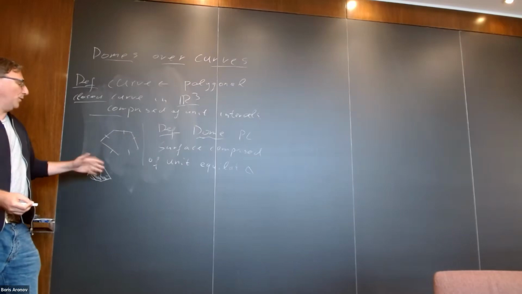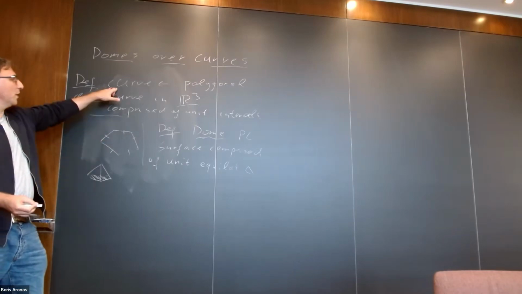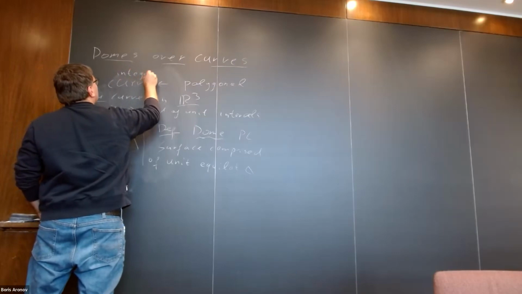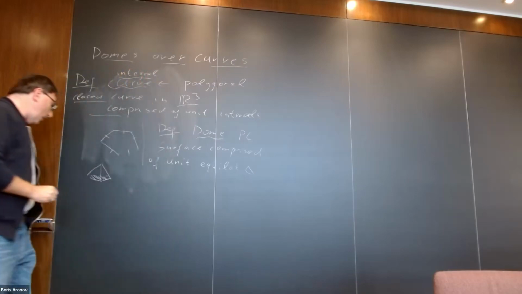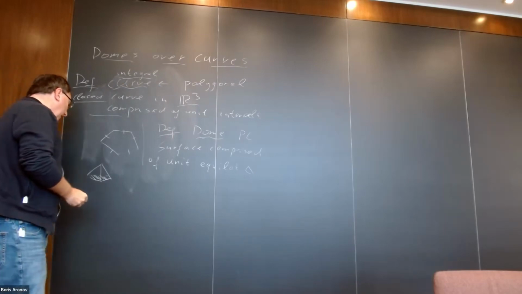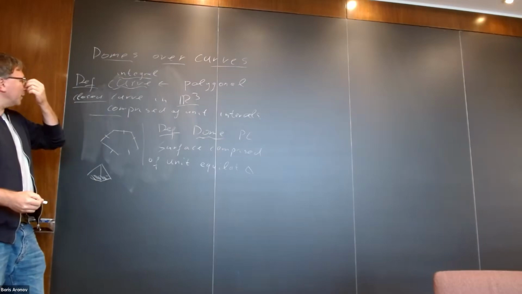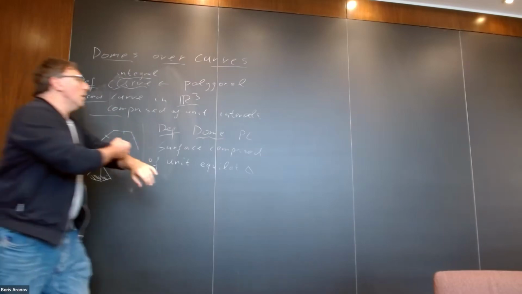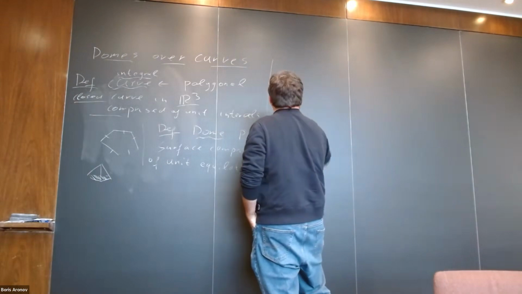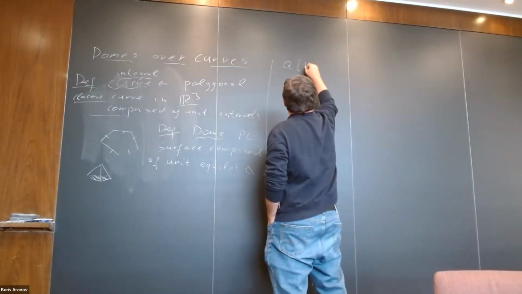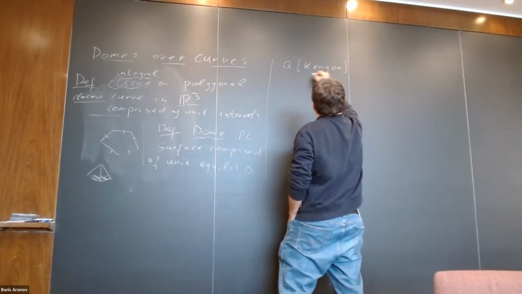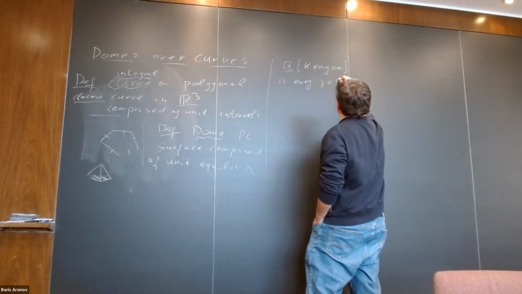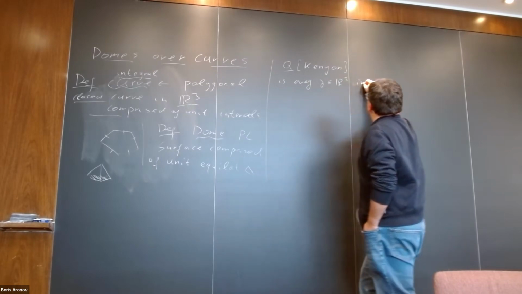The boundary would be a curve. So the question that Kenyon asked is: is it true that every integral curve is the boundary of some dome?